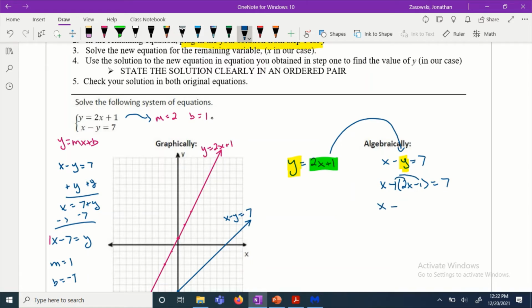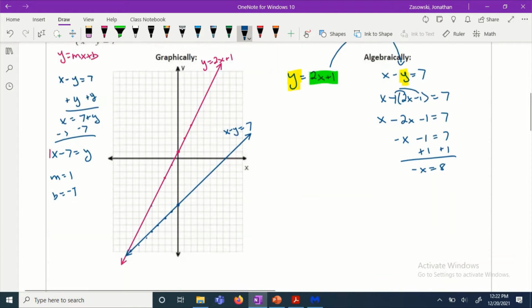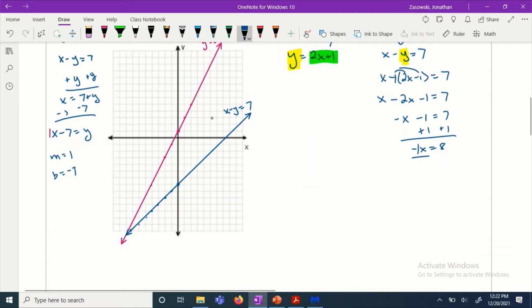So I get x minus 2x minus 1 equals 7. So I combine like terms to get negative x minus 1 equals 7. Add 1 to both sides to get negative x is equal to 8. And then remember there's still a negative 1 in front we're going to divide out by. We get x equals negative 8.